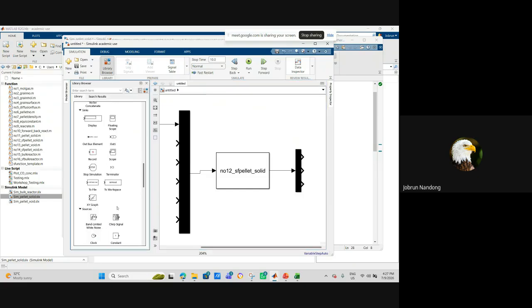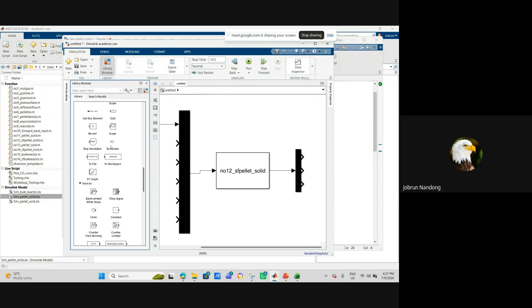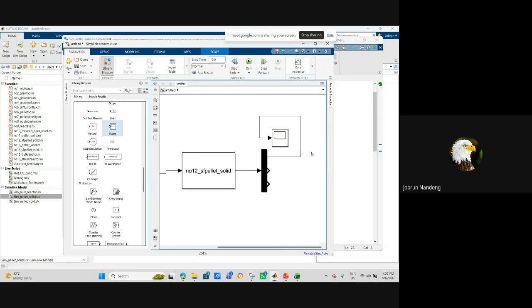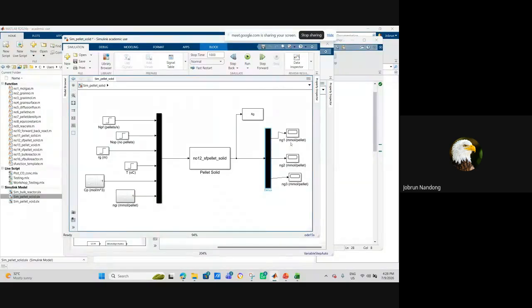We can use scope to do that. Normally use scope, and after that you put it here. Okay, that explains the whole lot here. Then after that you can name it so that you know what it is.